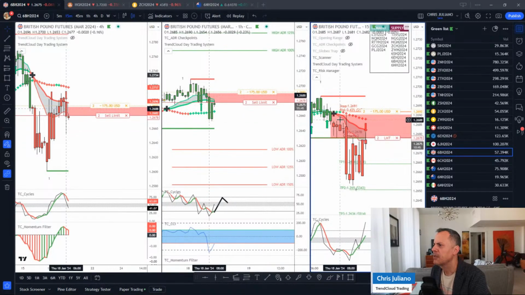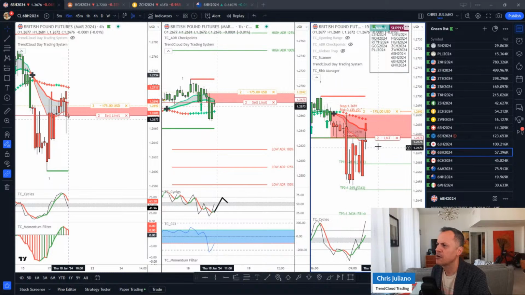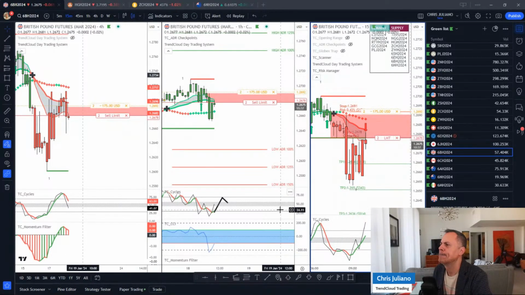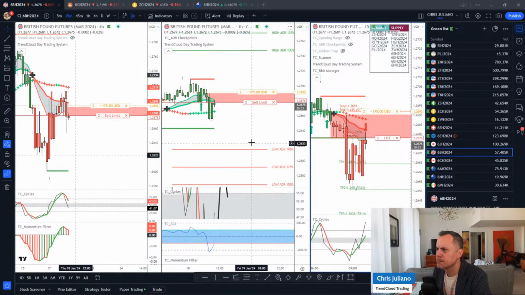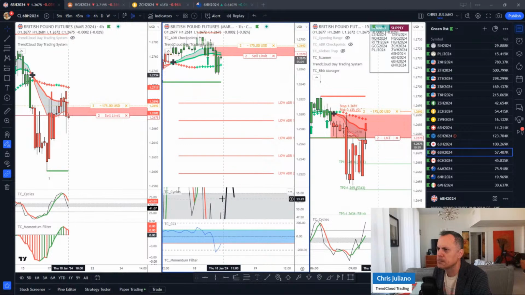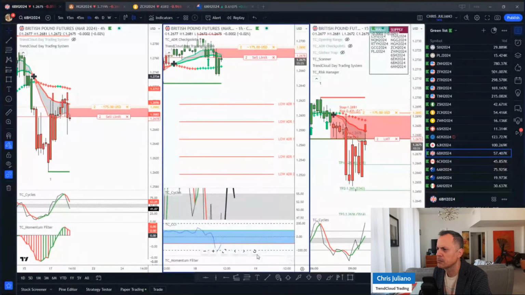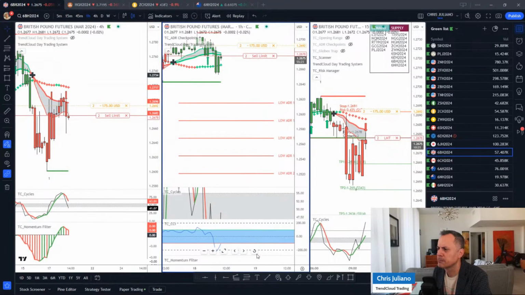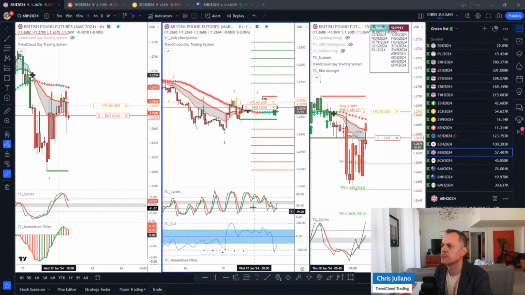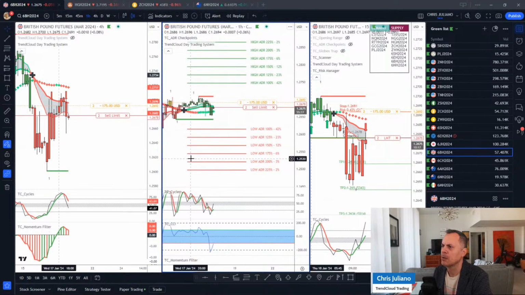So there's the drop-based drop on the 15-minute chart, 15-minute downtrend. Uh-oh. What did I do here? There we go. Okay.